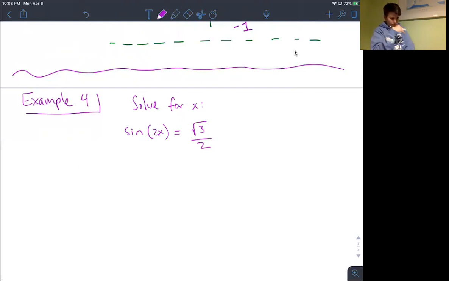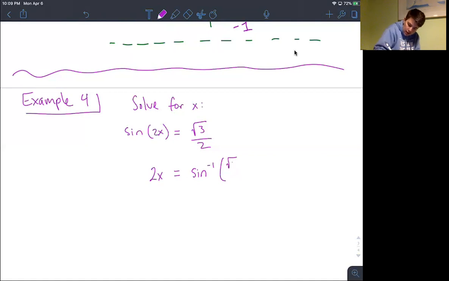Let's do this. Remember what I wrote up at the top. I'm going to say that 2x is equal to the inverse sine of rad 3 over 2.